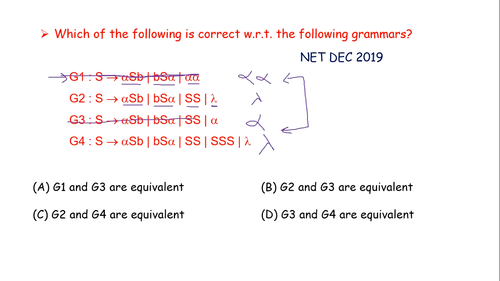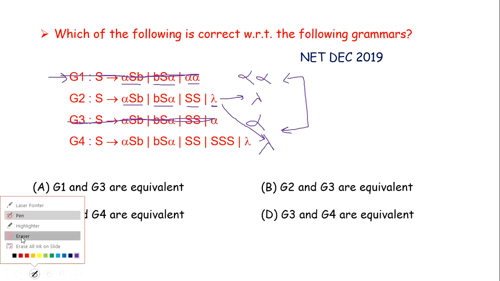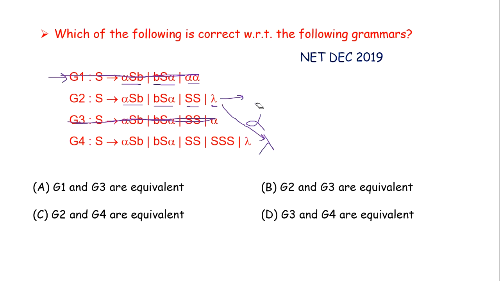Now we have to check whether G2 and G4 are equivalent, because the smallest string from both these grammars is lambda, right? Now all we need to do is check a few strings from G2 and G4. We know that the smallest string is lambda.